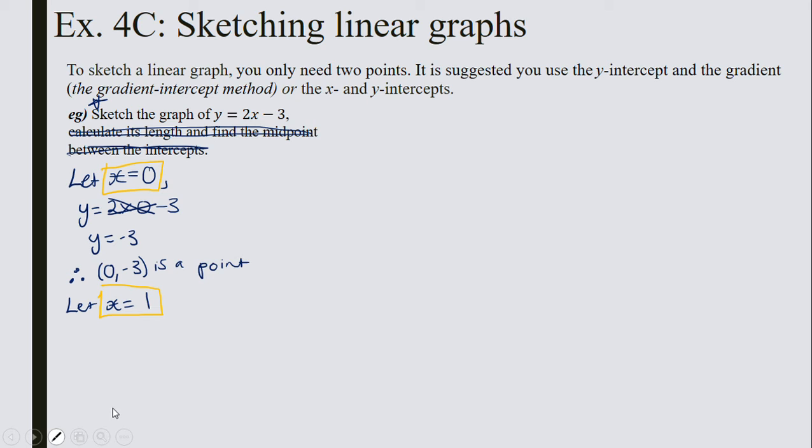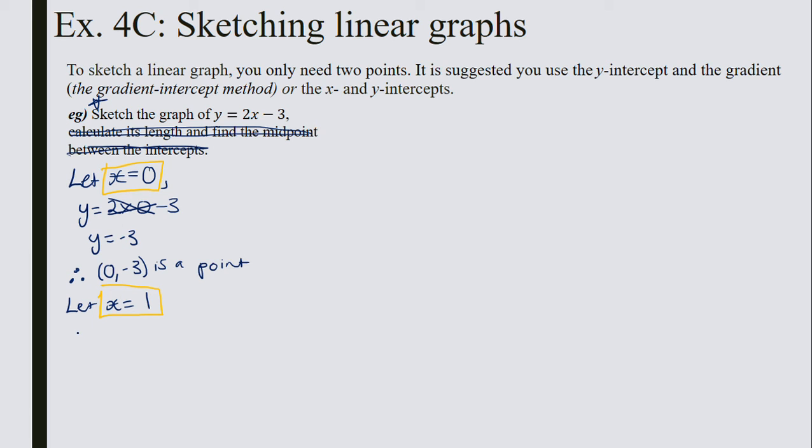The only time I don't do that is if I have a gradient that is a fraction, in which case whatever the denominator is, so if I had 2/5, I would pick x = 5 just to cancel out that denominator and to avoid getting a fraction as my answer. So that's the only time I pick any number other than 1. If my coefficient is a whole number, I will pick 1 as my second value. If it's a fraction, whatever the denominator is in the gradient is what I will pick for my x value instead.